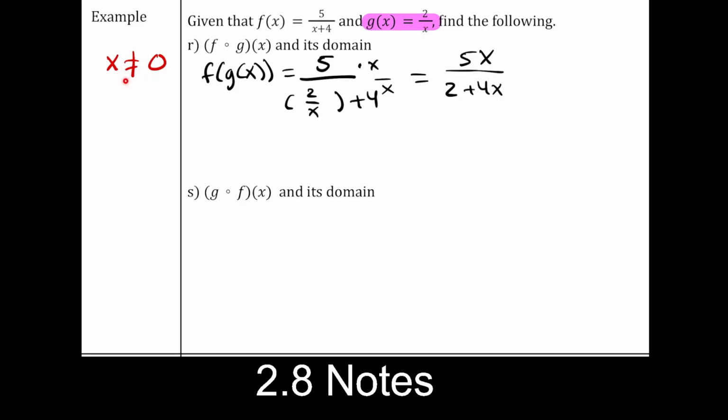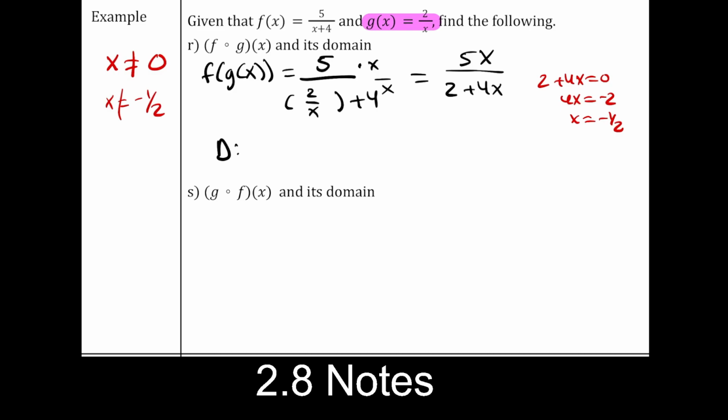And now when I look at our final function in the bottom, if I set 2 plus 4x equal to 0 and solve this, I get negative 1/2. So I also know that I'm not allowed to have negative 1/2 in my domain. And so my actual domain here is going to be all values of x except for negative 1/2 and 0.